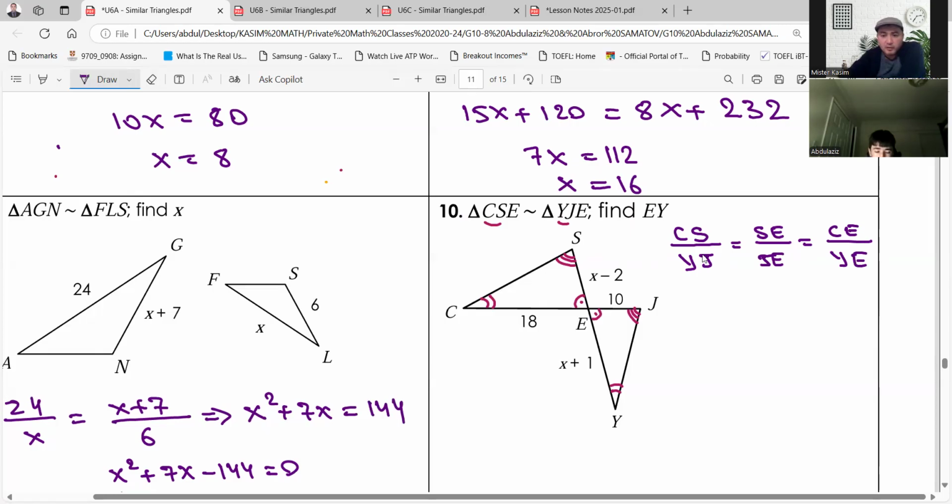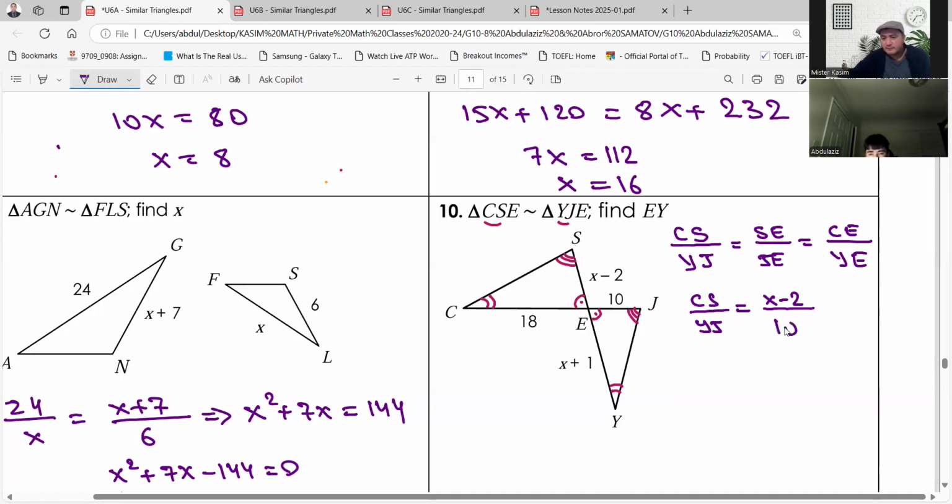And now plug in what is given here. Do we know CS? No, we don't know. You can write it or you don't have to, it's up to you, but it's not given, so let me just keep it here. What is SE? X minus 2. What is JE? 10.